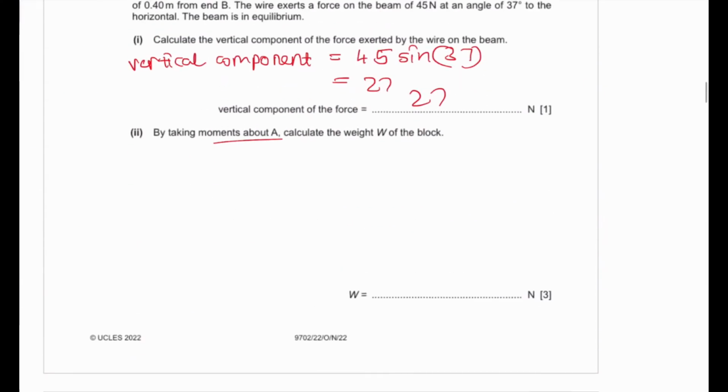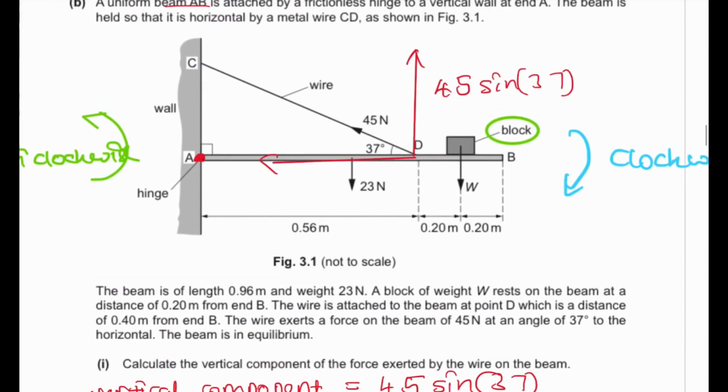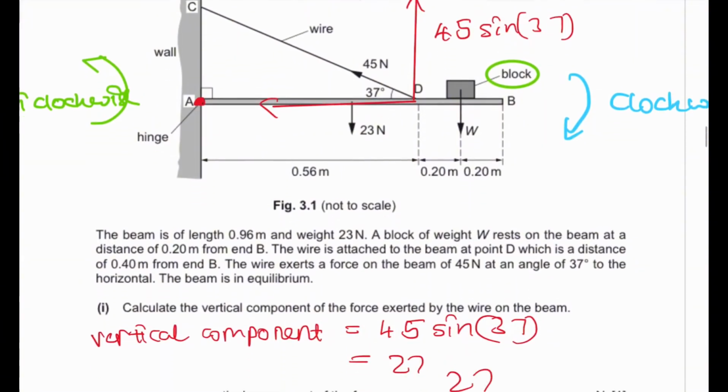Let's go about it. The summation of the clockwise moments will be equivalent to the summation of the anti-clockwise moments, right? So the clockwise moments, remember, we have 23 multiplied by the perpendicular distance from the line of action of the force.